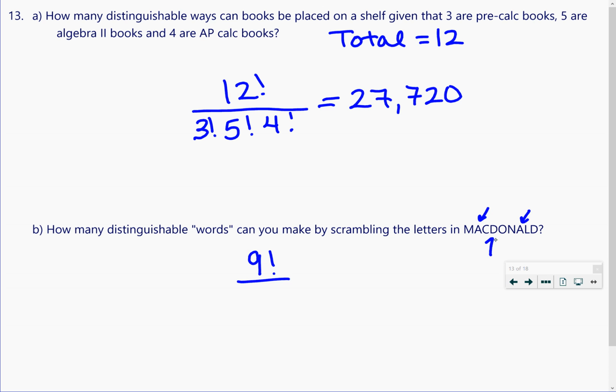The D's repeat. Is that it? So what am I going to divide by? 2 factorial, 2 factorial. So 9 factorial divided by really just 2 times 2, divided by 4. 90,720.